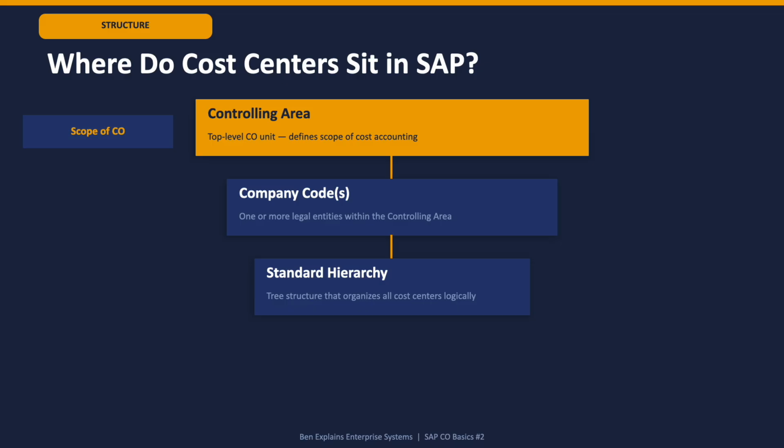This is a tree structure that groups cost centers logically. For example, you might have a top node or group called company, under which you have operations, sales, and administration. And under each of those, you have individual cost centers. This hierarchy is very powerful because it lets you roll up and report costs at any level, from a single cost center all the way up to the entire company.